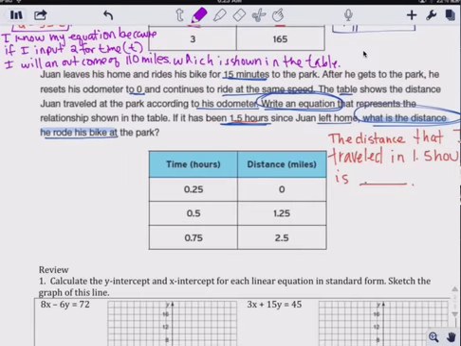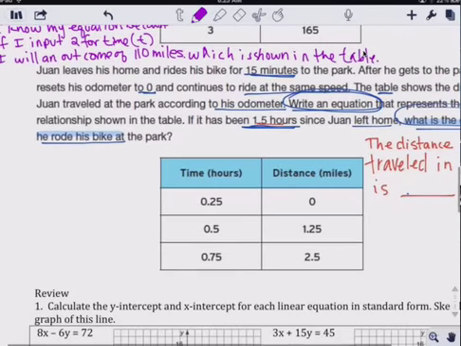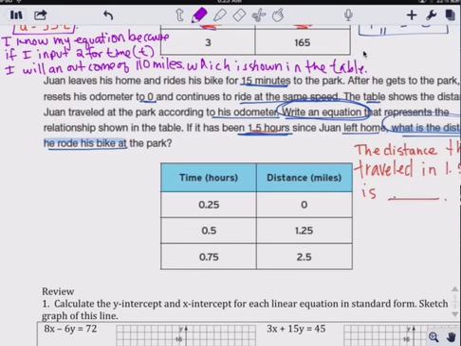Or keep adding on the table, which you can, because every hour it's adding. You can see the pattern each time. You can get to 1.5 by adding 15 minutes each time.